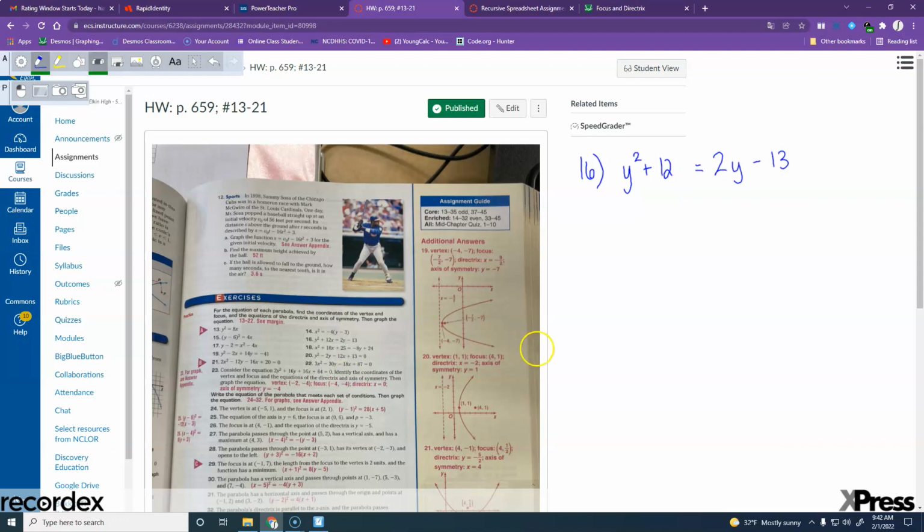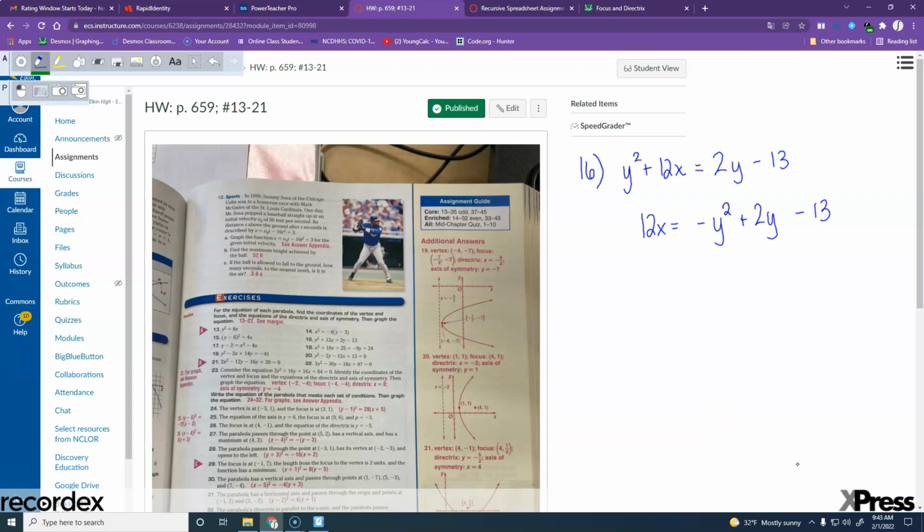Let me fix that. So should this one be solved for x or solved for y? It needs to be solved for x because x is not squared, right? So that means I would need to move the y squared over. I'll get 12x equals negative y squared plus 2y minus 13, like this.